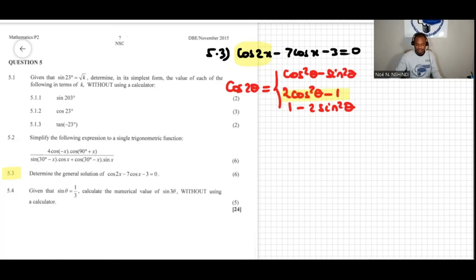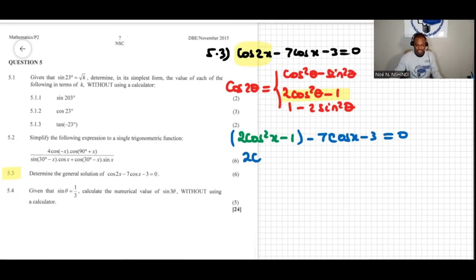The reason is that if I use this one, I'll have the equation expressed in terms of cos of x. So cos of 2x will then be 2 cos squared x minus 1. Okay, all this was cos 2x, minus 7 cos x minus 3 equal to 0.